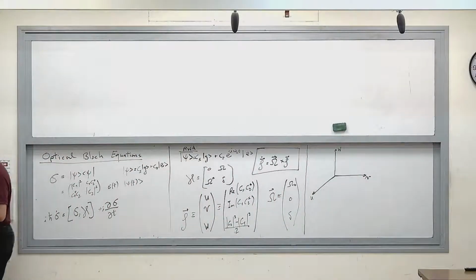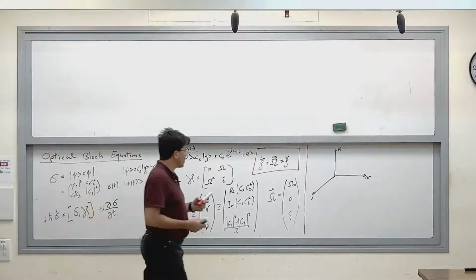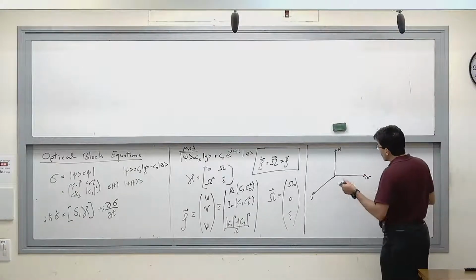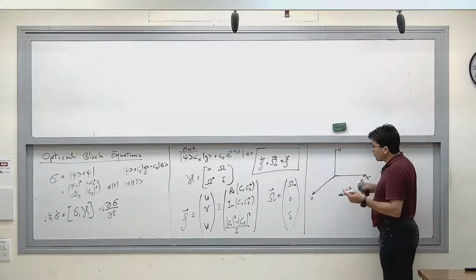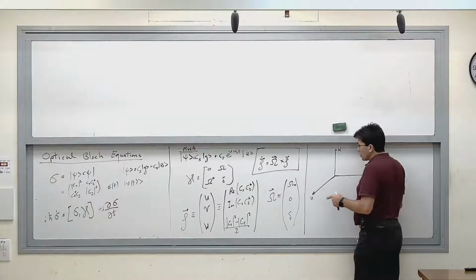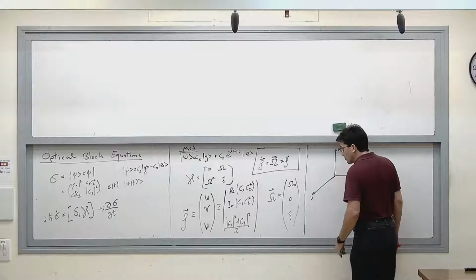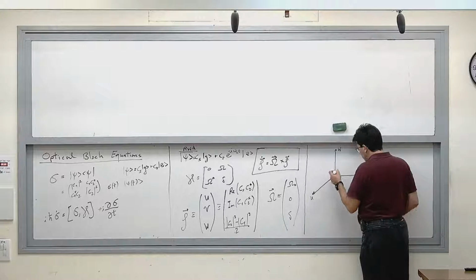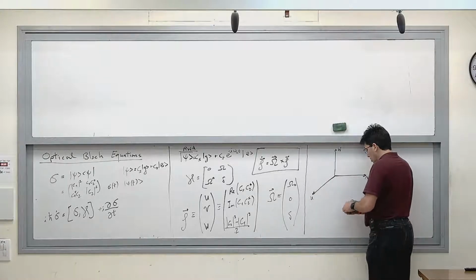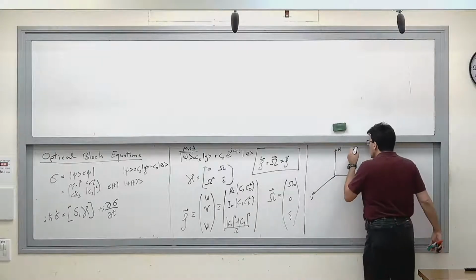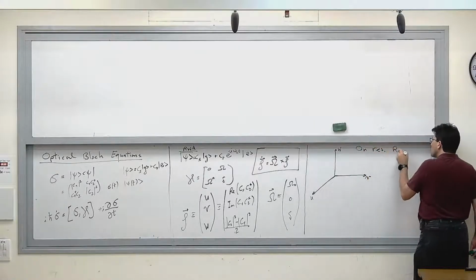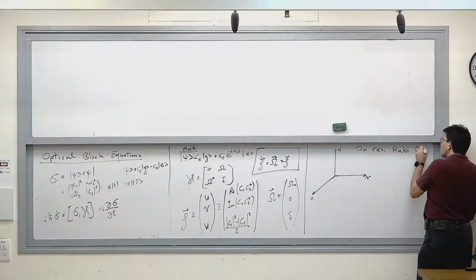Because it's more convenient to make the nutation go around in the plane of the board. So, for example, if I have a field which just has a strong Rabi rate and no detuning, this is an on-resonance Rabi oscillation.